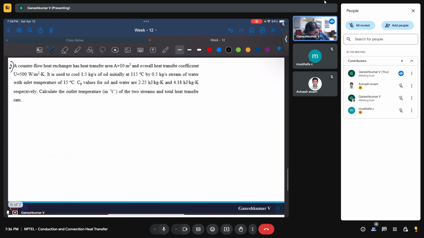It's again counterflow, so let me draw the temperature differences so that it will be more clear. This is along the length. The hot fluid enters at 115 degrees Celsius, so TH1 is 115 degrees Celsius, and then cools down to some temperature TH2, which we don't know.